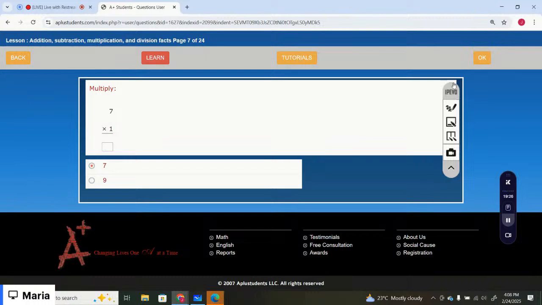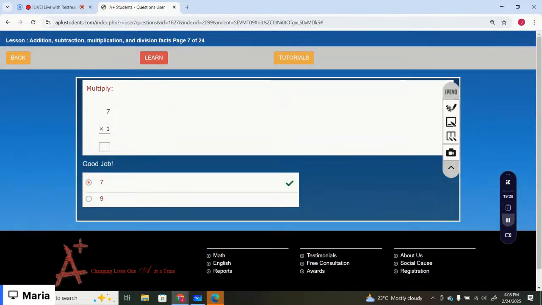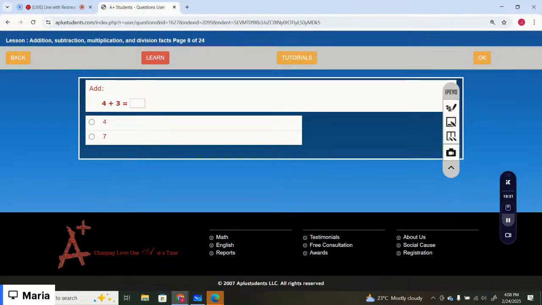Option number 1 is the correct option. 4 plus 3, which is the correct option? That is 7. Option number 2 is the correct option.